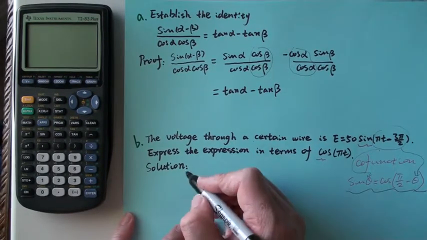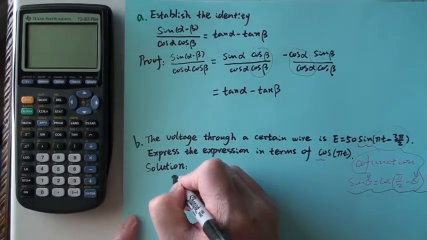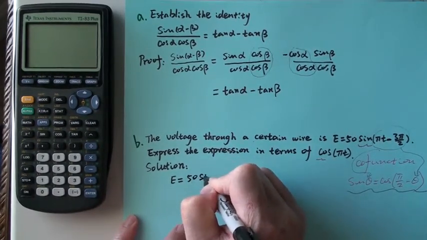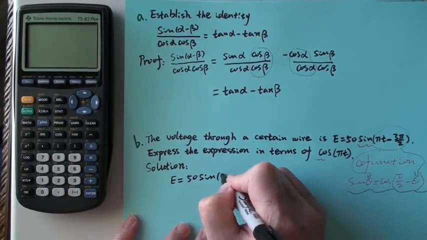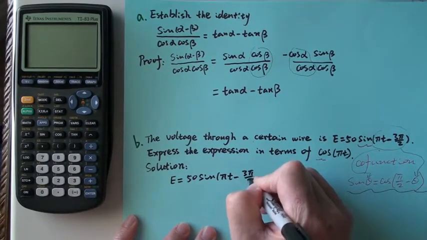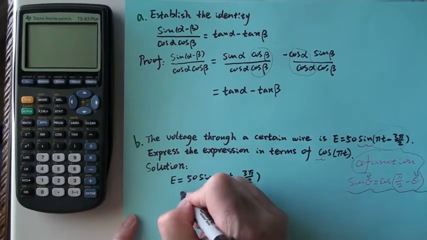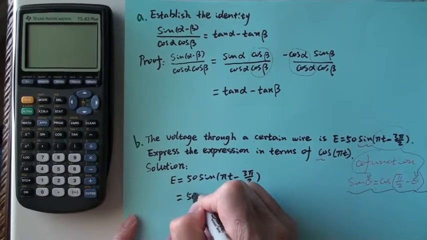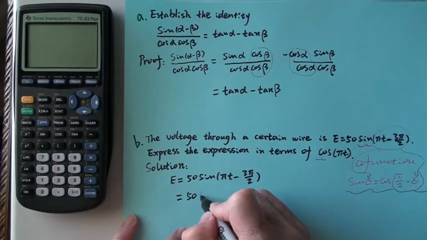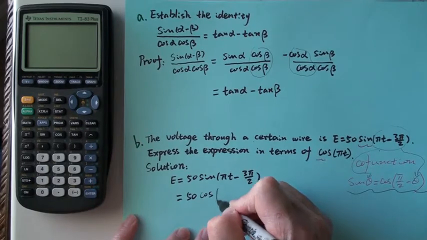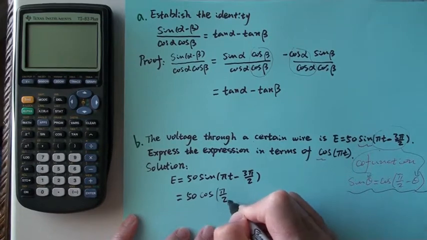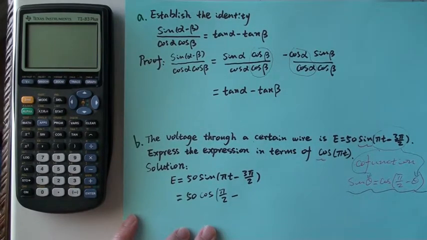Now you want to write E, the voltage, equals 50 sine of (pi t subtract 3 pi over 2). The 50 you copy, you cannot do anything with that. And then you directly write cosine. Pi over 2 is always there, subtract, and what do you subtract?